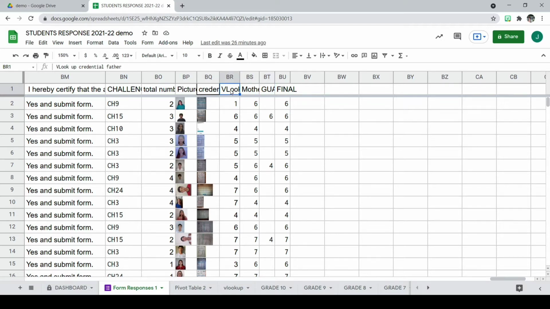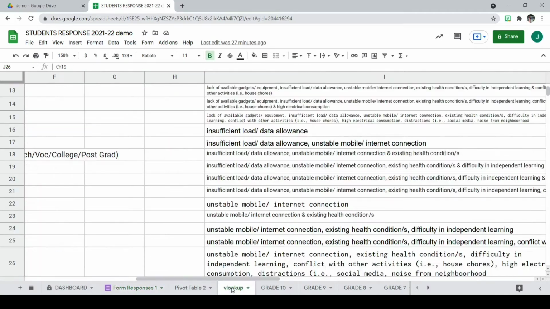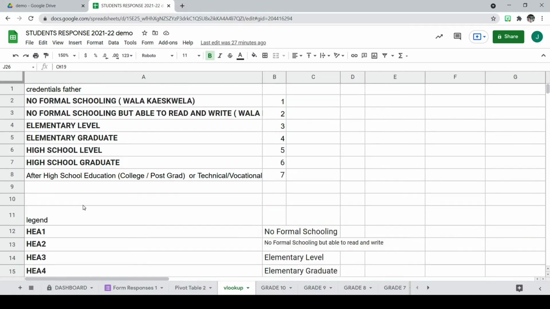What I want to happen at the end of their answers is to look up the equivalent of the highest educational attainment of the father, of the mother, then of the guardian. I want one to refer to the first condition, one if no formal schooling, two if no formal but able to read and write, then elementary level, and so on.